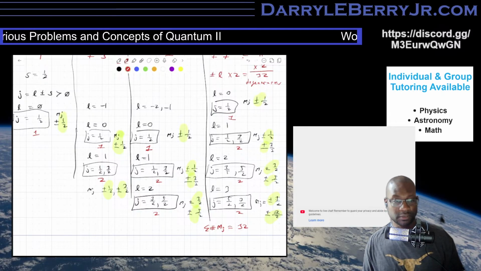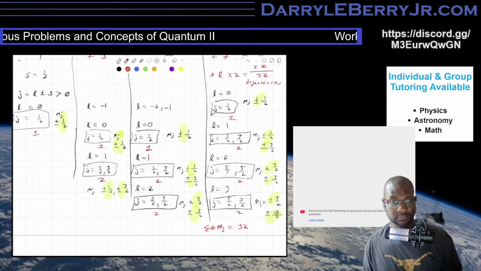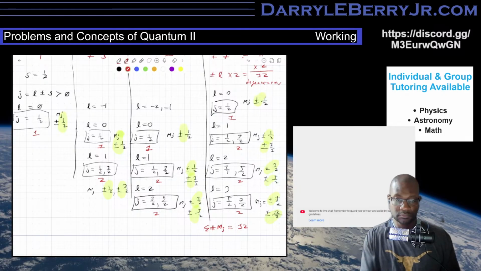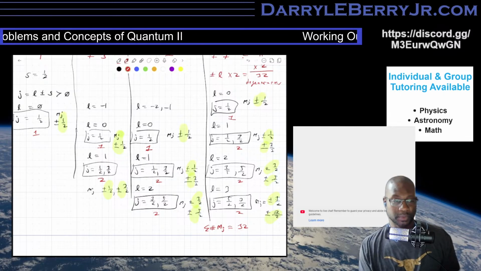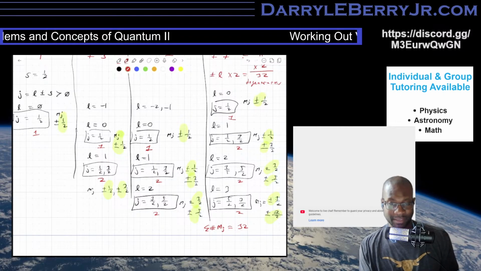Let me check one more thing here. So L is the orbital angular momentum with the ML magnetic quantum number.